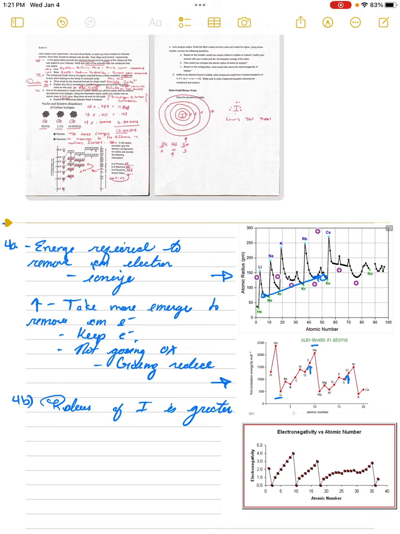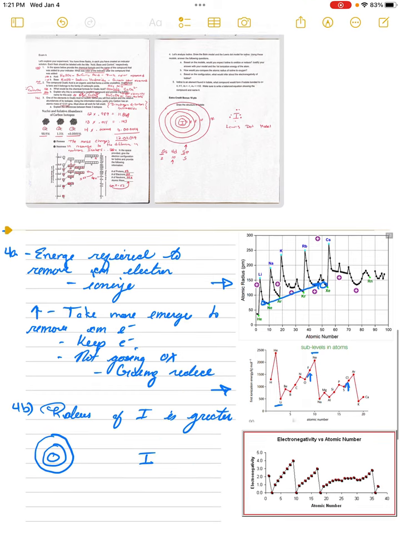Obviously, it's going to be bigger. Why is it going to be bigger? If you draw the Bohr models, oxygen is in the second energy level, and iodine, which we just drew up here, has 5 energy levels.